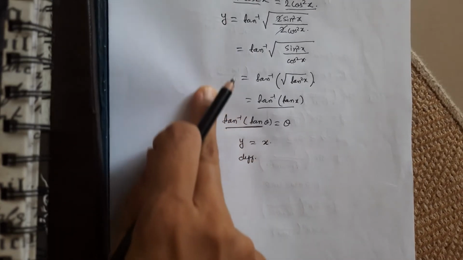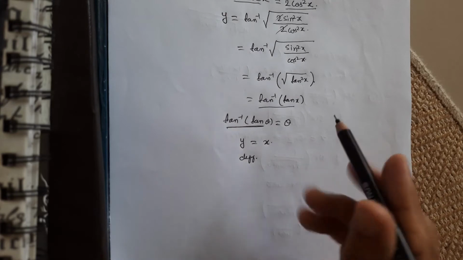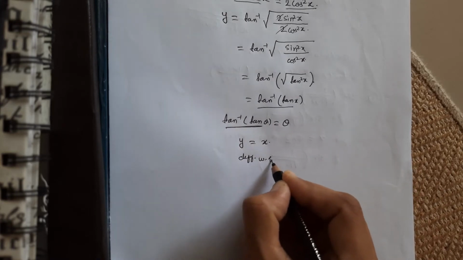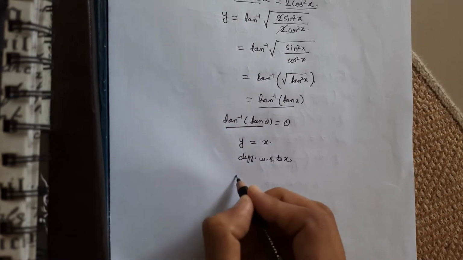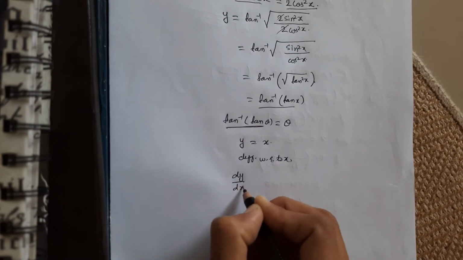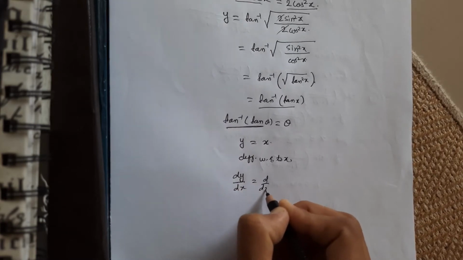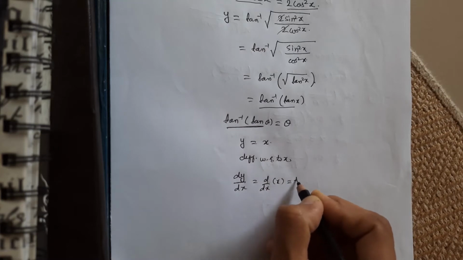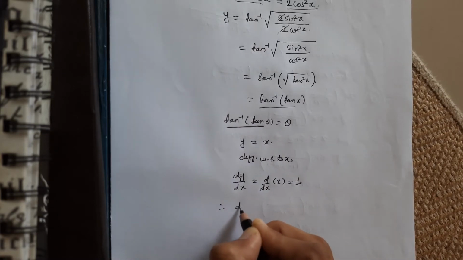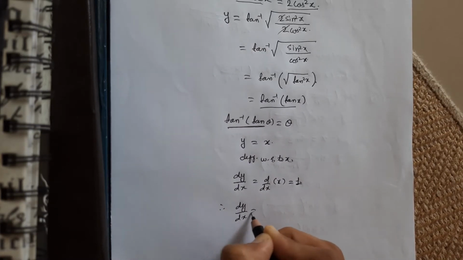Till now I have only simplified the function; I didn't take the derivative. Now differentiate with respect to x. What will I get? dy by dx equals d by dx of x, which is equal to 1. So therefore the derivative is 1.